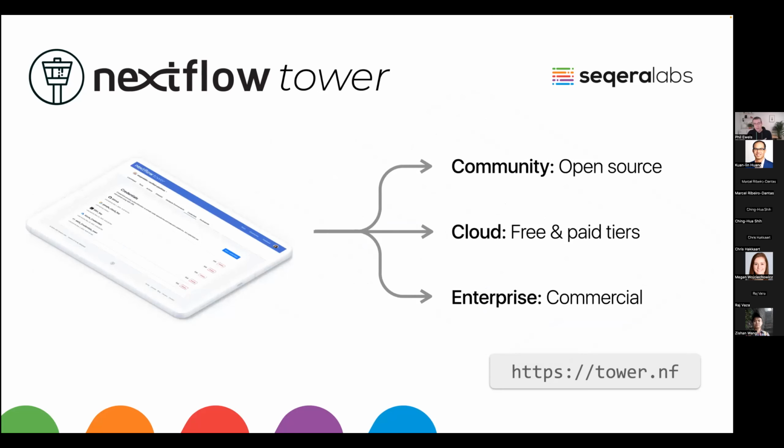There are 3 different ways of using Tower. There's an open source community version, which is a bit out of date now, but we're hoping to get back up to parity soon with the main product. Then there's a cloud version, which is cloud.tower.nf, which anyone can use for your own workflows, which has both free and paid tiers, but the free tier would be fine for most people. And then we have the enterprise model where companies can run offsite.